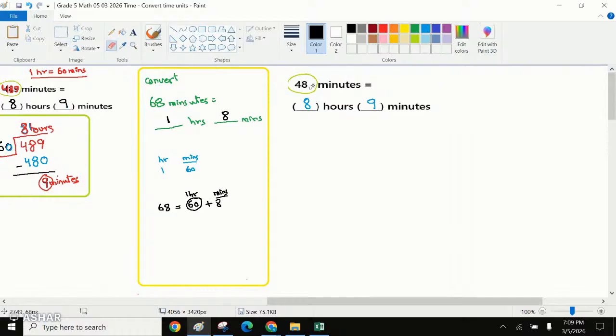If the question says convert this into minutes, okay? Let's pick up a random number. Question number 2. Okay, let's say question number 2 says convert.